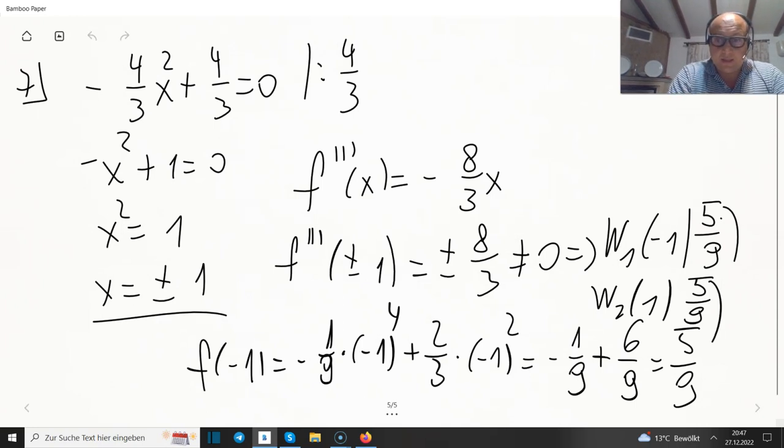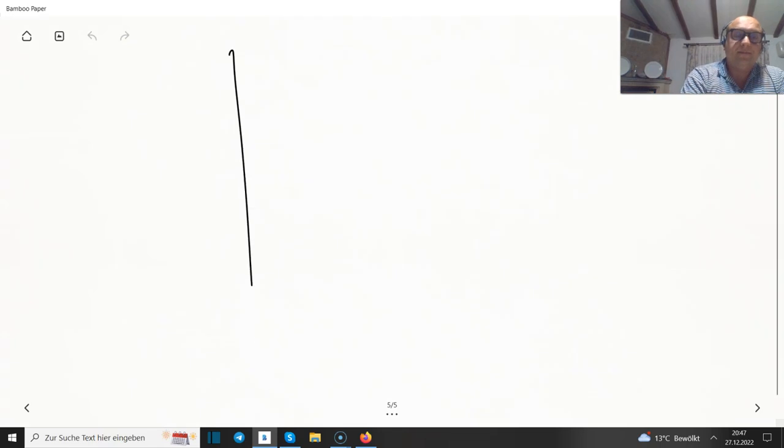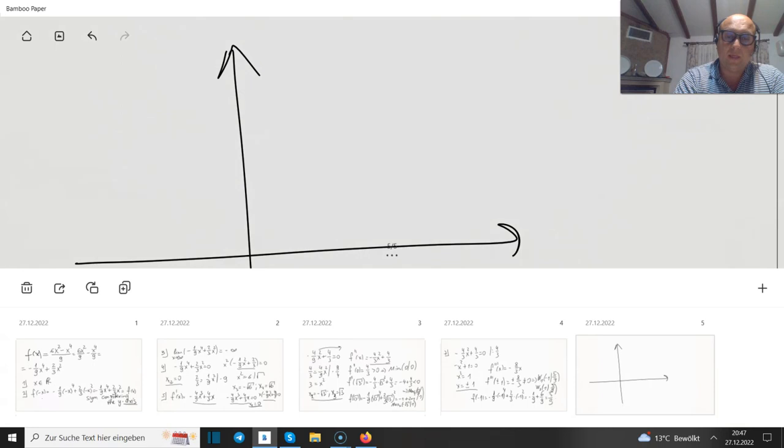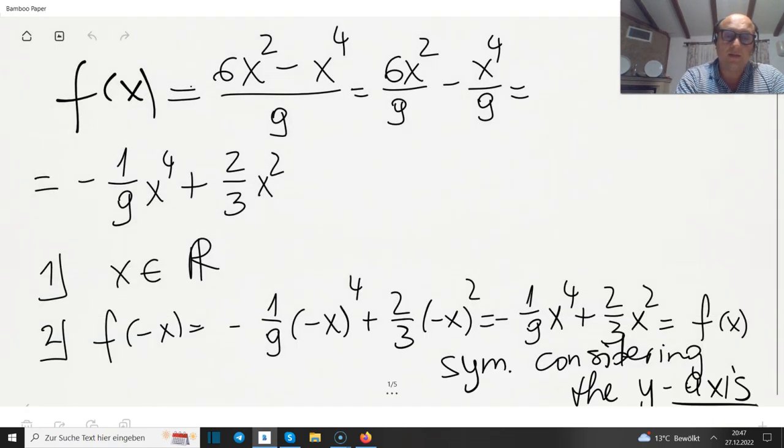All right, let's pull it all together now. What do we have? Well, what do we know? We know that we have symmetry, right? So left and right is the same.